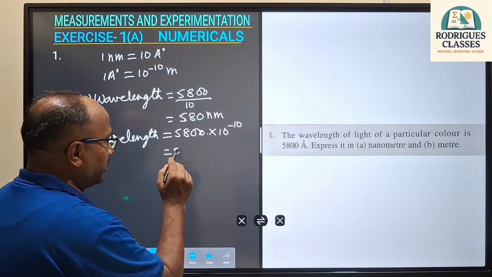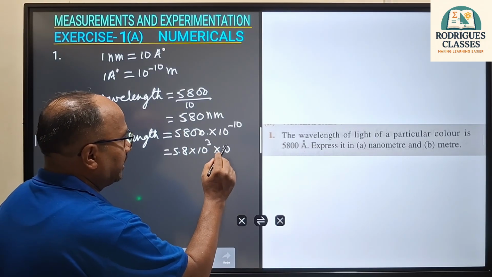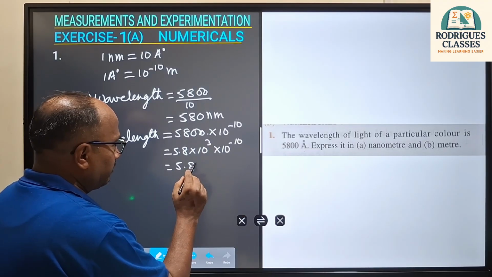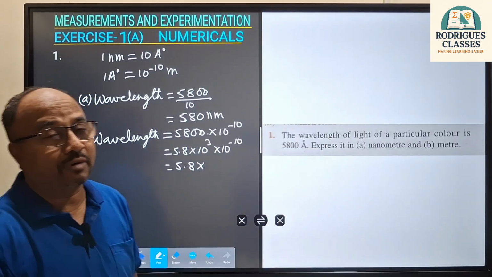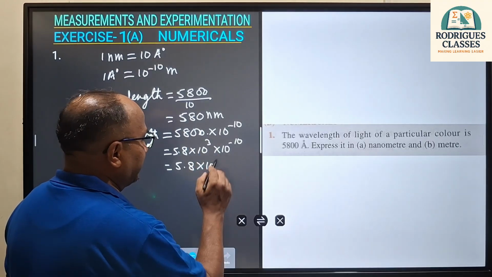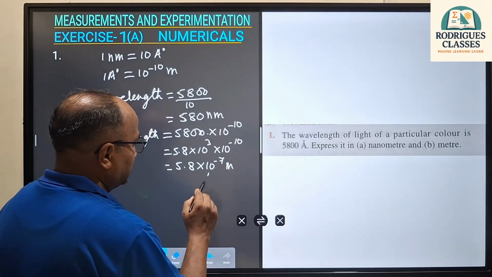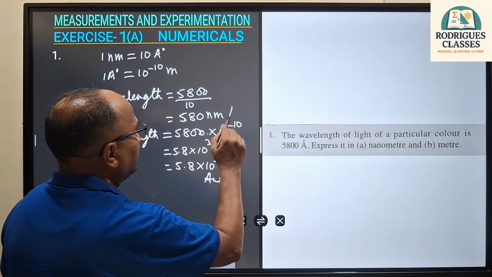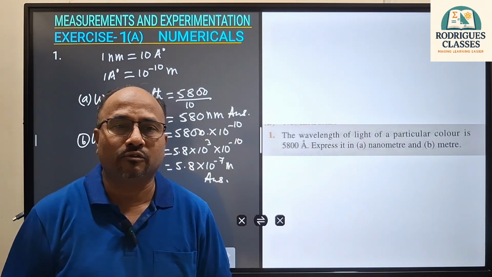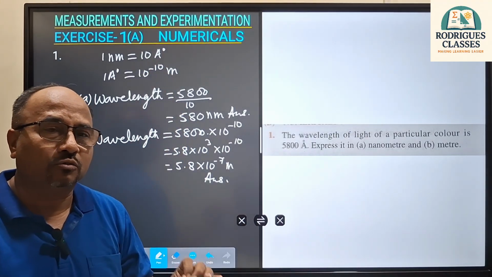So we write 5.8 into 10 to the power 3 and then 10 to the power minus 10. Bases are same and multiplied, so the powers will get added and you will get 3 minus 10, that is minus 7, meter. So this is your answer for the B part and this was the answer for the A part. Just remember the conversion values. It is very easy to do this numerical.